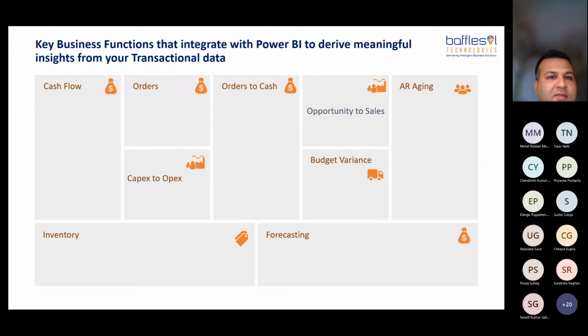The orders that you're processing, your capex to opex, orders to cash, the opportunities of sale, the potential future revenue, the budget variance on both the expense and revenue side, your AR aging, again linked with your cash flow, your inventory, and forecasting.